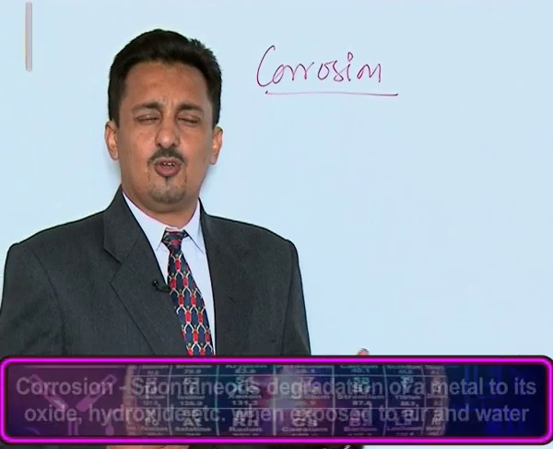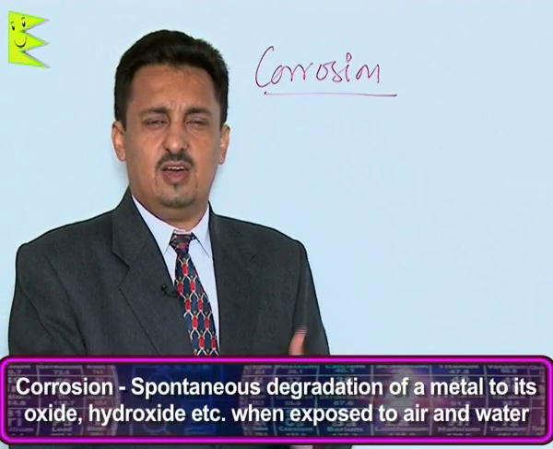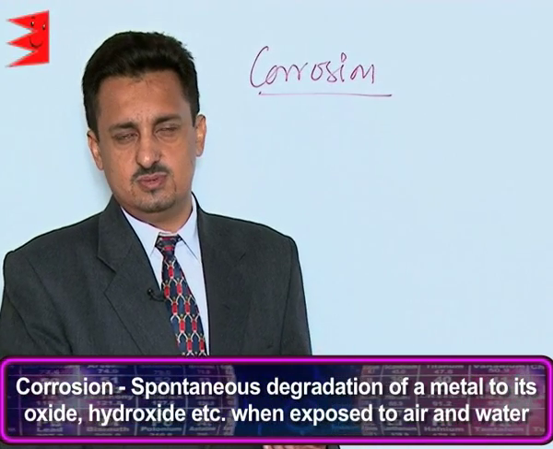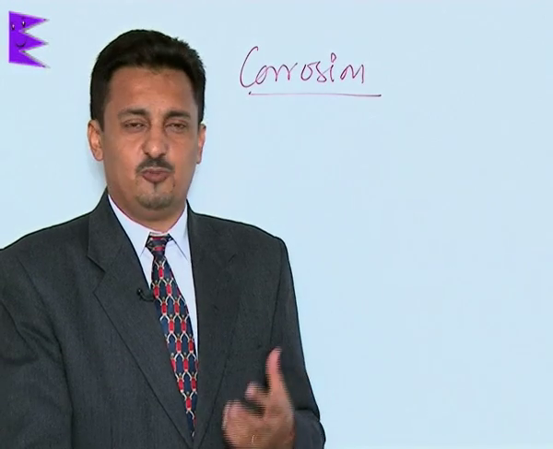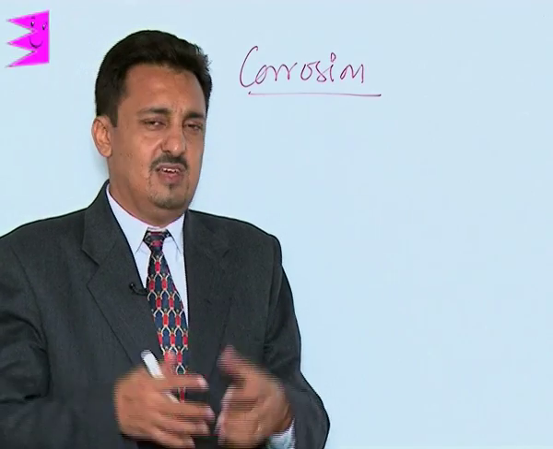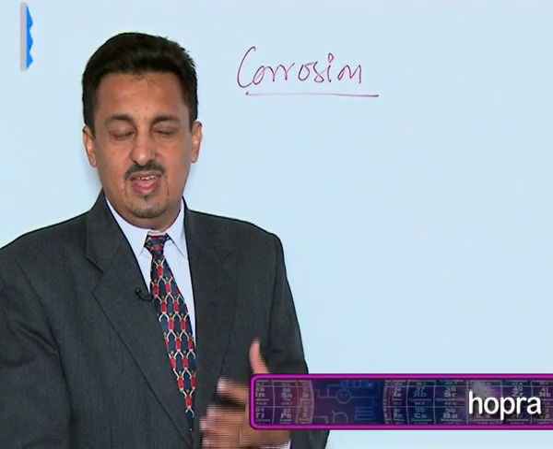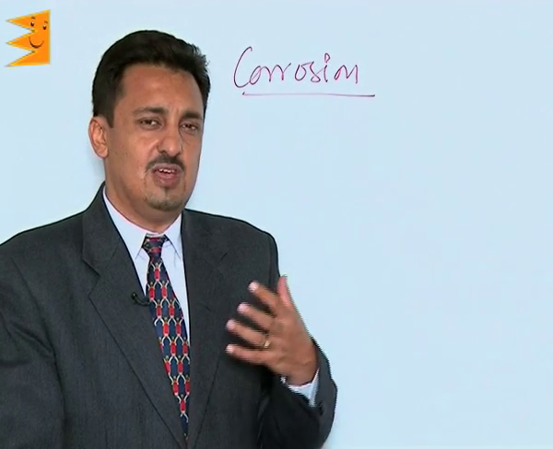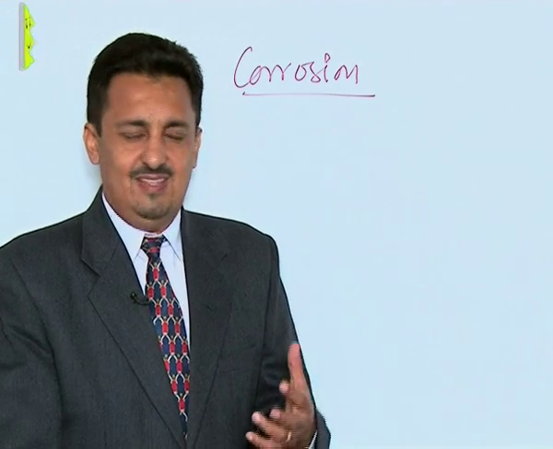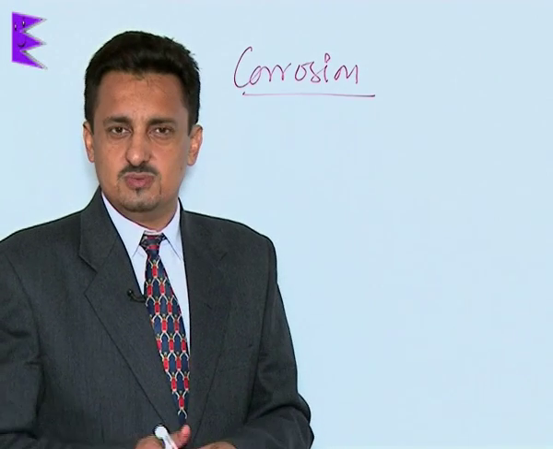Corrosion. Corrosion is a spontaneous degradation or decomposition of a metal to its oxide or hydroxide or a carbonate or a sulfide when exposed to air and water. We know whenever metals are exposed to air and water, they react with the oxygen and the other gases present around them, and when they come in contact with water, they get changed to their oxide or hydroxide or carbonates or sulfides, etc., and this degradation to these compounds is called corrosion.